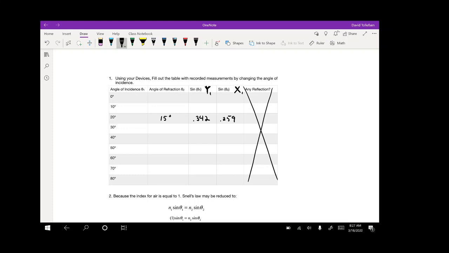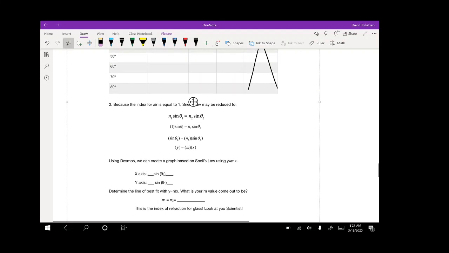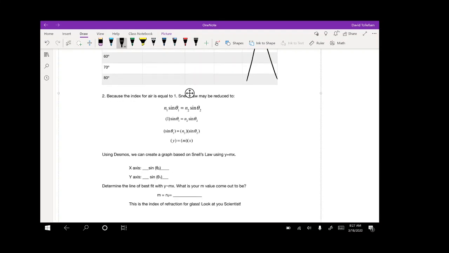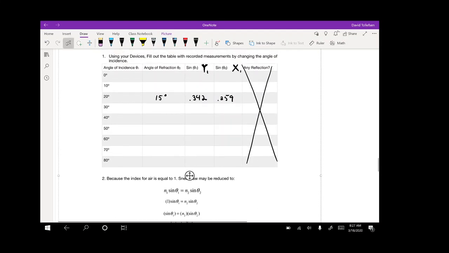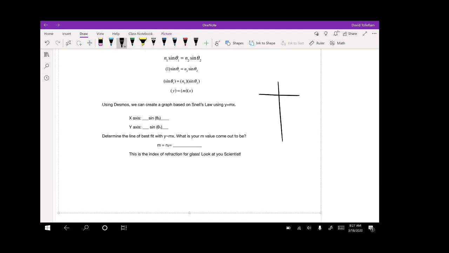So when you go into Desmos, you can put in x and y on your data table, all right? Or use whatever you can. So your x-axis should be sine theta 2, y-axis should be sine theta 1. So you can plug in all of these decimal points into that data table. It'll be like x1, y1.